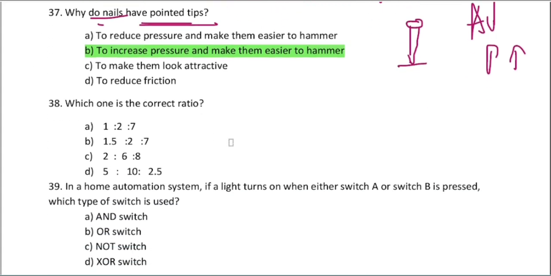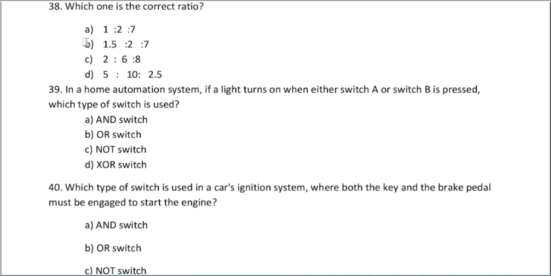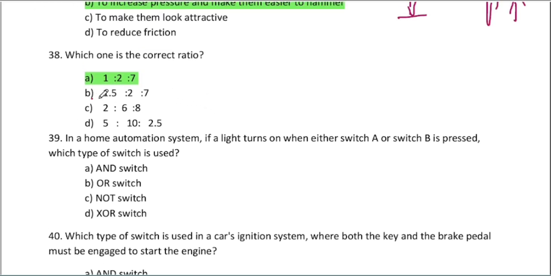Question number 38. Which one is the correct ratio? Answer A, right? Why are the other answers wrong? You can't keep decimal points in the ratio. The correct ratio here is 3, 4, 40 multiplied by 2, no decimal points.